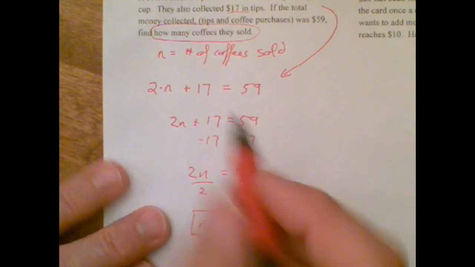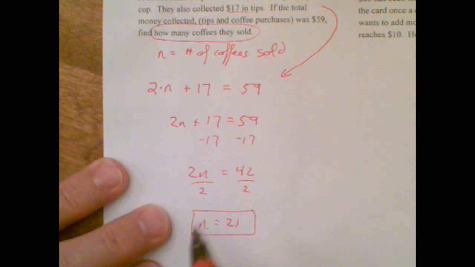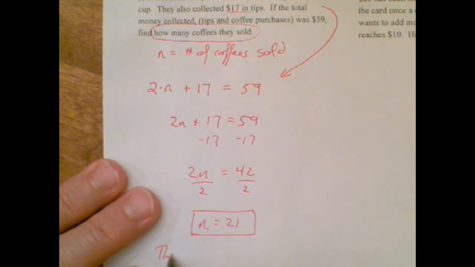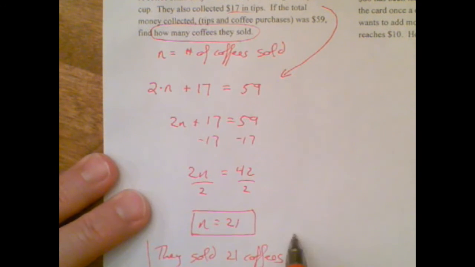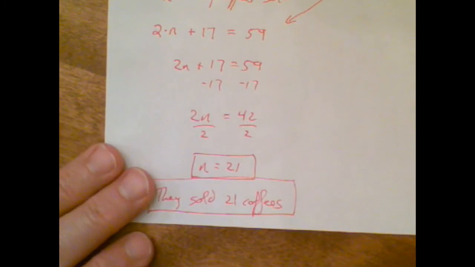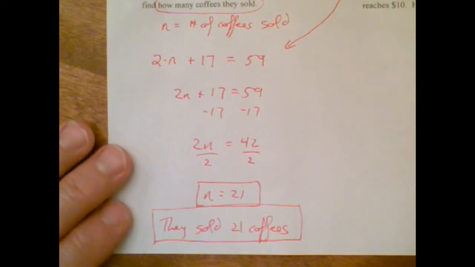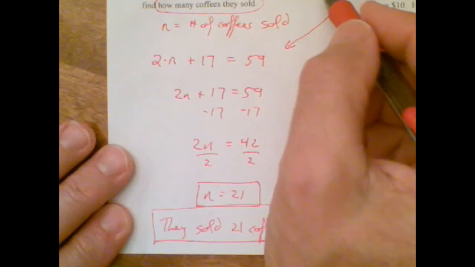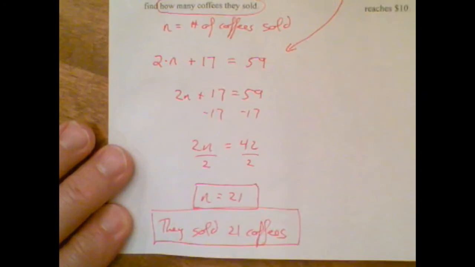And more precisely, since n is the number of coffees sold, I would say they sold 21 coffees. 21 coffees at $2 a coffee plus $17 in tips would equal the $59.